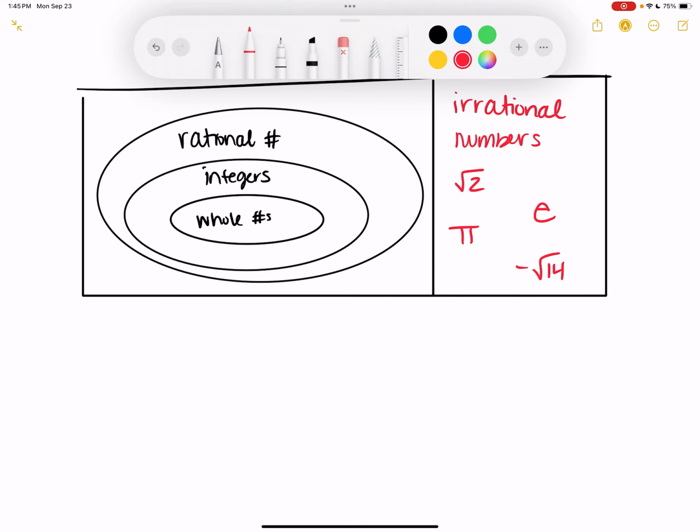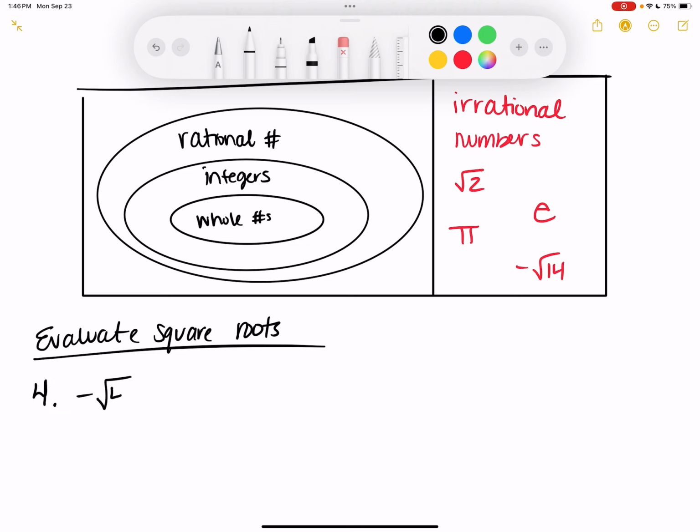All right, so getting into problems, we are going to start out by evaluating square roots. So number 4 is negative square root of 49. What you need to know about these is that whatever sign is in front of the square root is the sign of our answer.